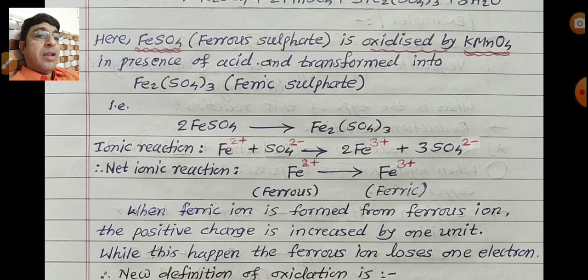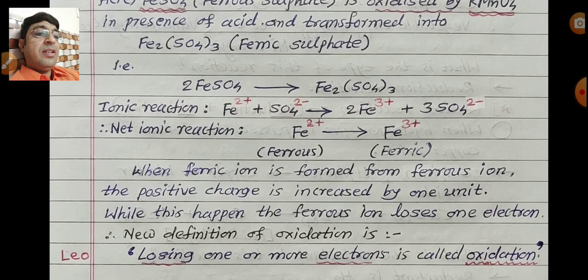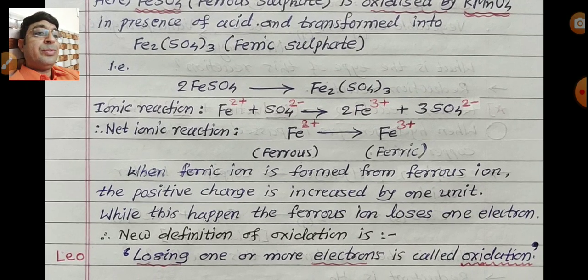Because Fe2 plus loses one more electron in this reaction and forms Fe3 plus, ferrous converted into ferric, plus 3 times SO4, the sulfate radical having 2 minus charge, formed. Therefore the net ionic reaction: Fe2 plus gives Fe3 plus, ferrous converted into ferric.